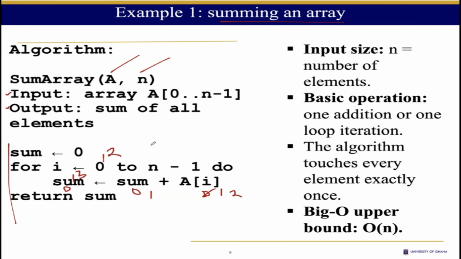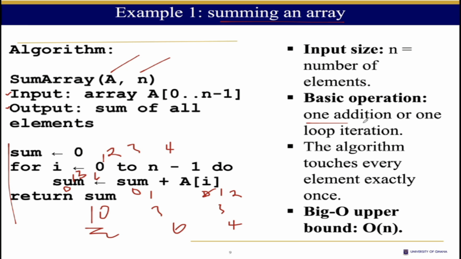And then at the end of the day, by the time we go to i is 3, the array at 3 is 3, sum is holding 3, so 3 plus 3 is 6. So sum is holding 6 at this stage. When i goes to 4, the array at 4 is 4, sum is holding 6, so 4 plus 6, sum is 10. So sum will return 10 at this stage. And that is how it works. Are you following? So the input size n is the number of elements.